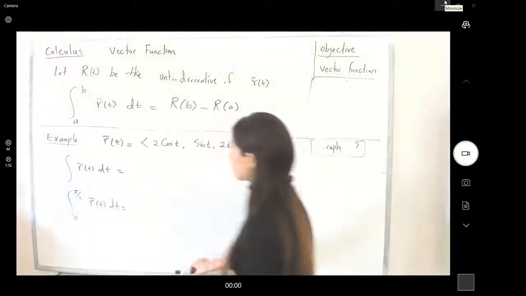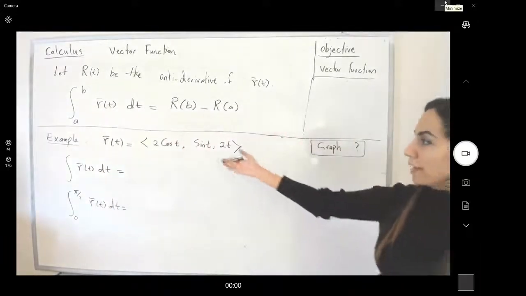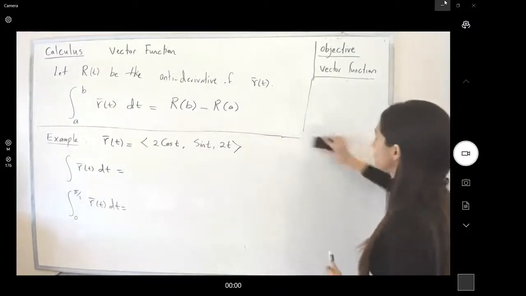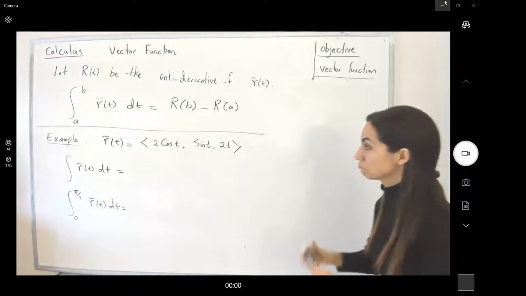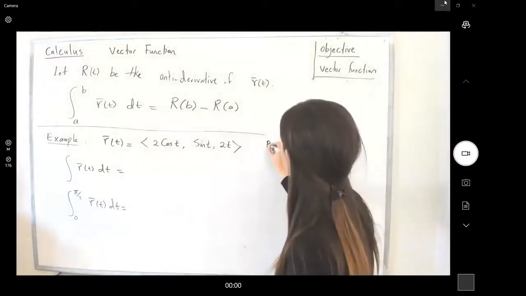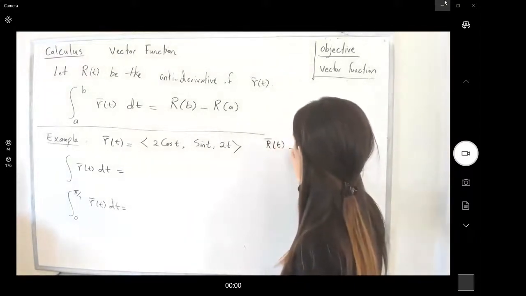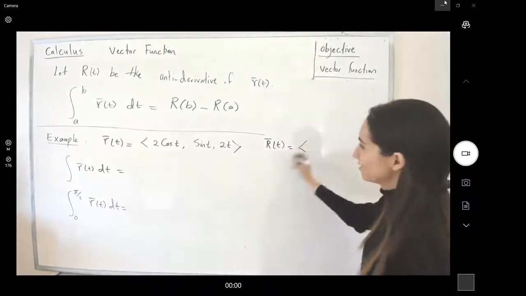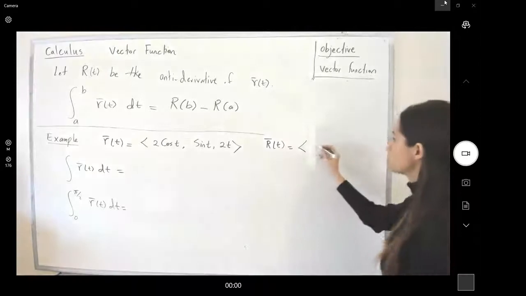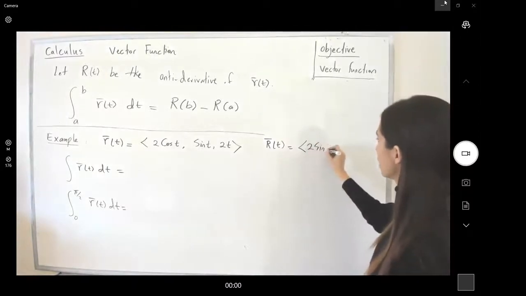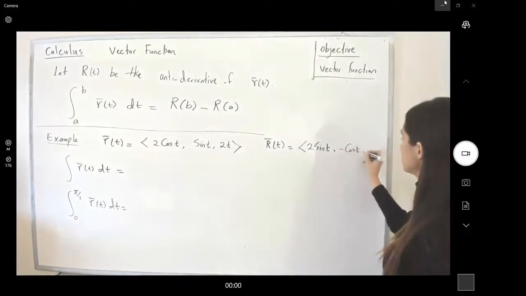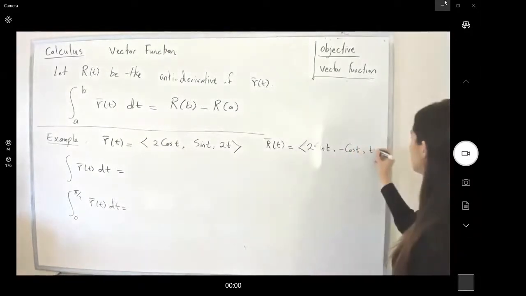So, perfect. The antiderivative of this vector-valued function r of t: we can just find the integral of 2 cosine t, which is 2 sine t, the integral of sine t, which is negative cosine t, and the integral of 2t, which is t squared.